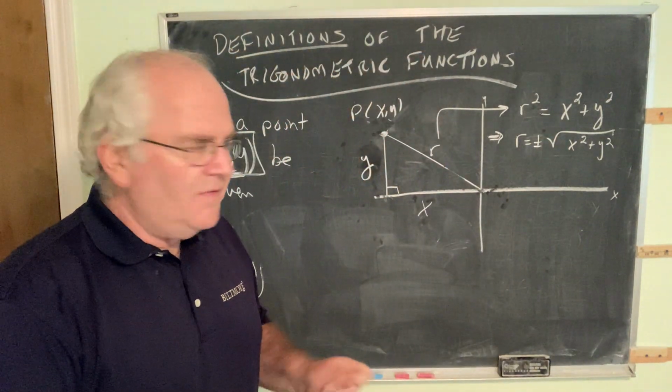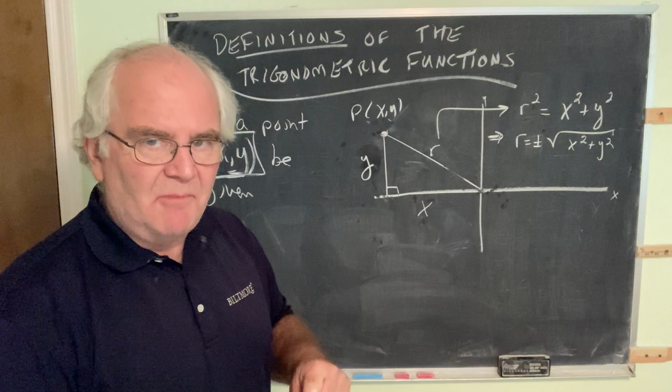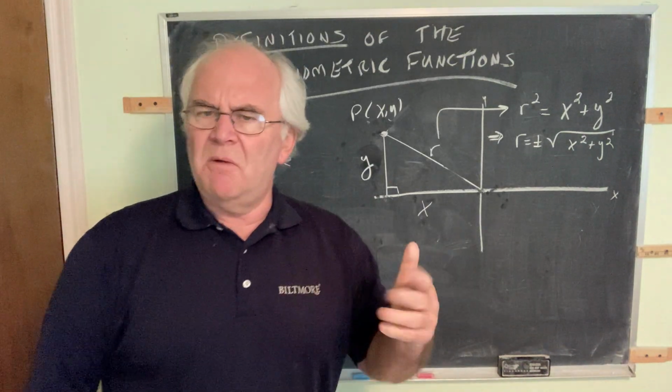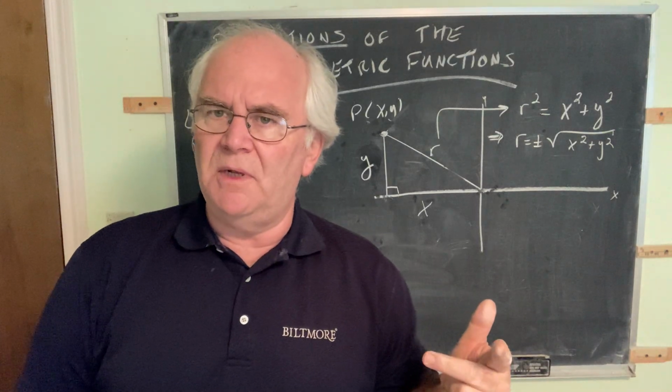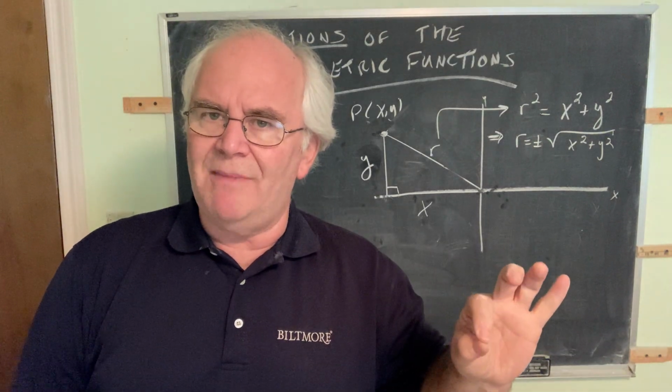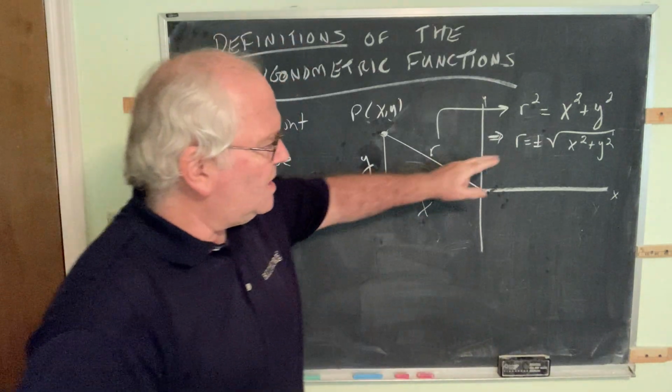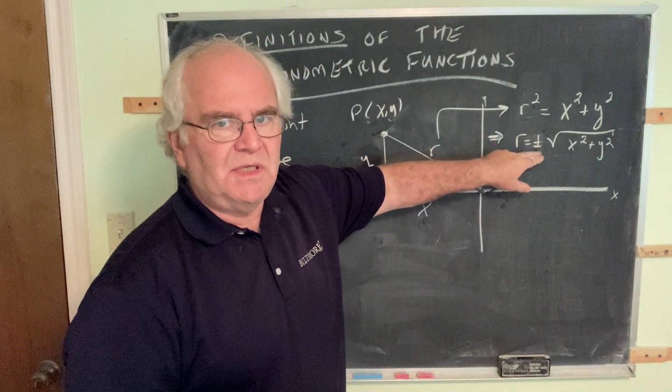Because if you take the square root of a number, it could be either the positive square root or the negative square root. Remember the plus or minus in the quadratic formula, x is equal to negative b plus or minus square root; it comes from the same place. And so we need to introduce the plus or minus.